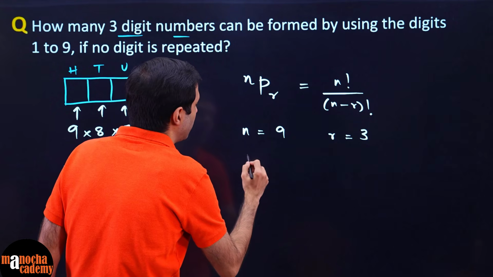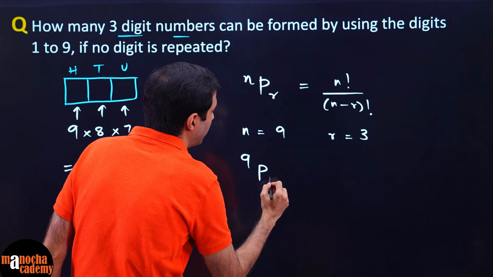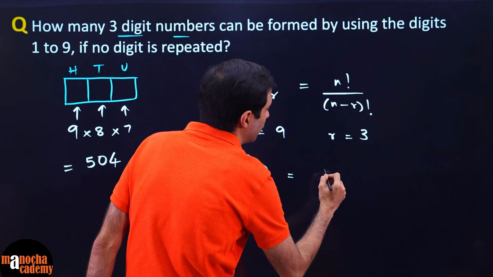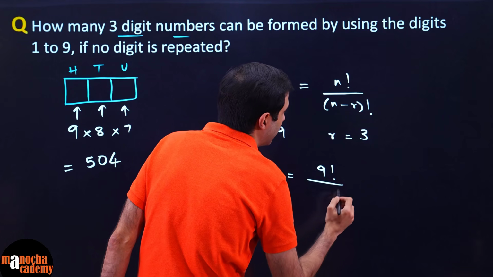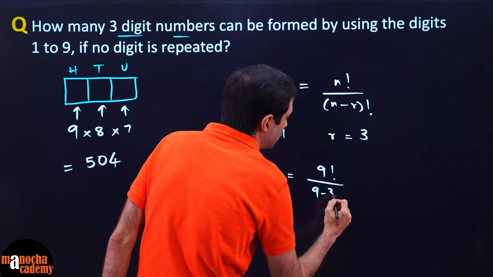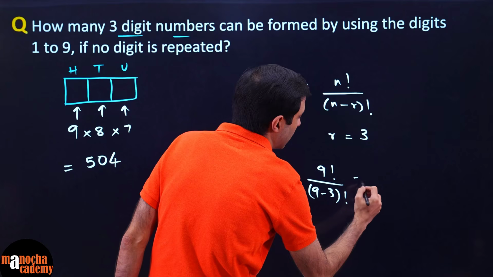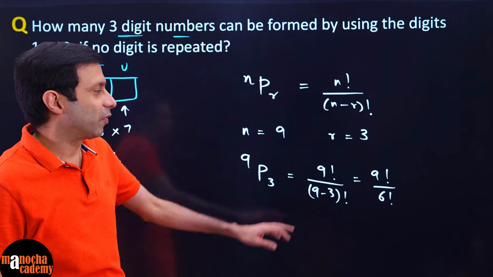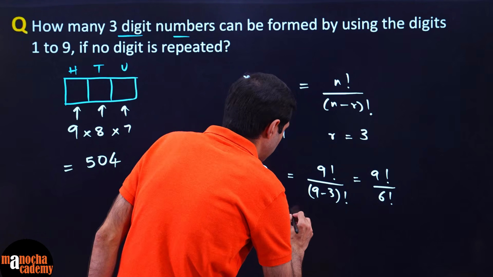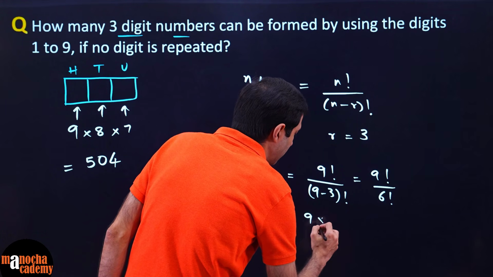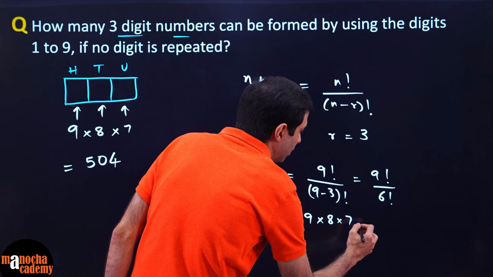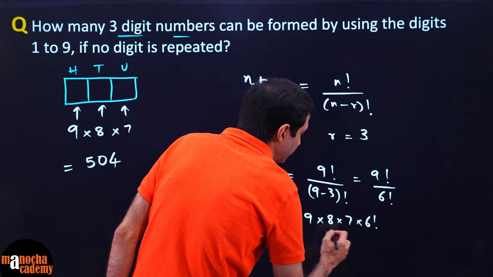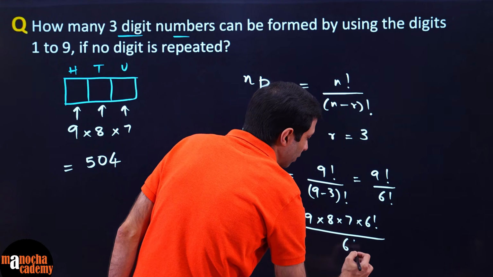So basically the answer will be 9P3, which is equal to 9 factorial divided by 9 minus 3 factorial. So that's 9 factorial by 6 factorial. What will the final answer be? 9 factorial is 9 times 8 times 7 times 6 factorial, divided by 6 factorial.